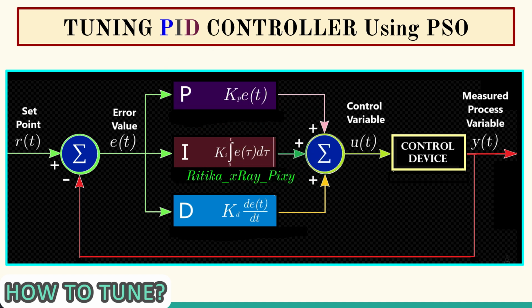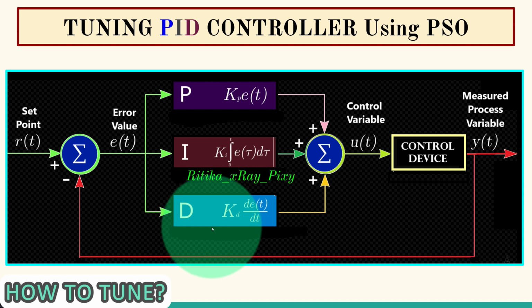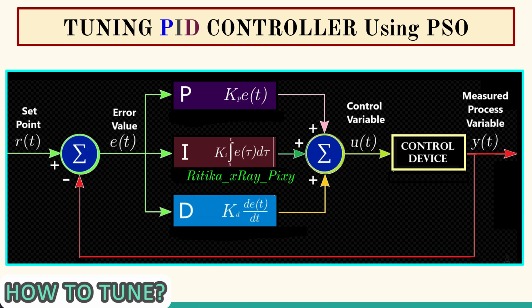It operates on the principle that each of the three terms, proportional, integral and derivative, needs to be tuned individually, and a correction factor is computed and applied to the input based on the difference between these values.